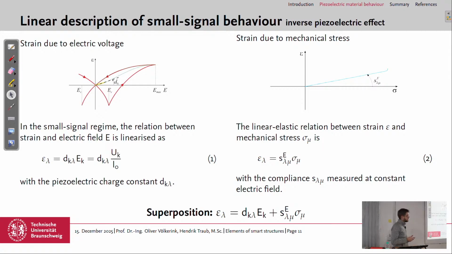If we look at the strain, we have two effects which contribute to it. On the one hand, we have the relation between strain and electric field, E. So we have the strain in the direction lambda, which is equal to d, the piezoelectric charge constant, times the electric field.